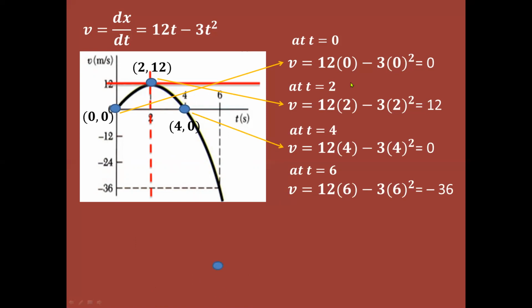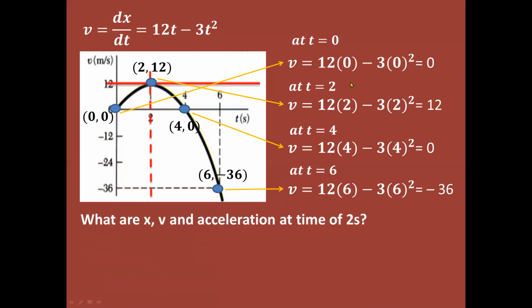Our fourth coordinate, time of 6 seconds, using velocity is equal to 12t minus 3t squared by substitution, we have calculated a value of negative 36. Now we have the coordinates of our equation. 6 and negative 36, the coordinate of our given point.